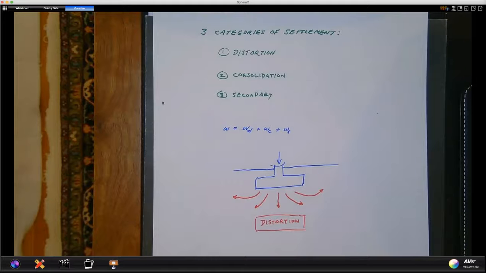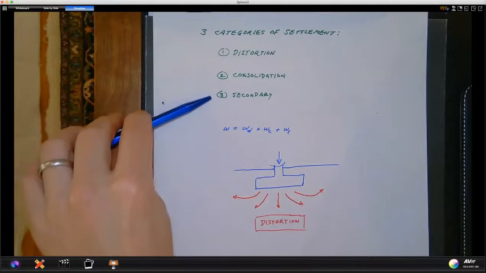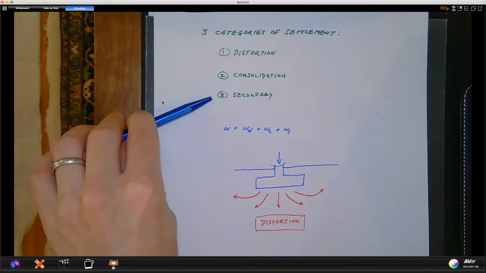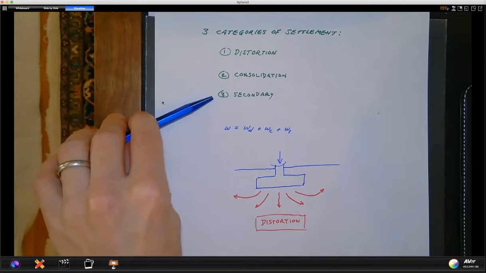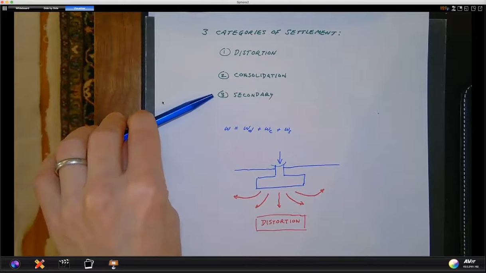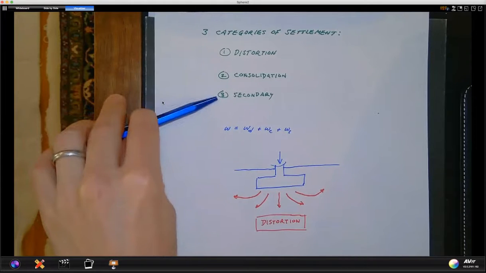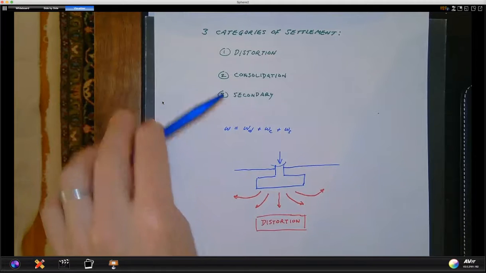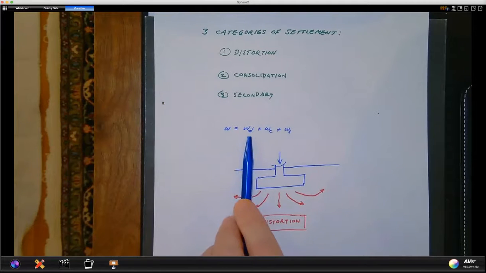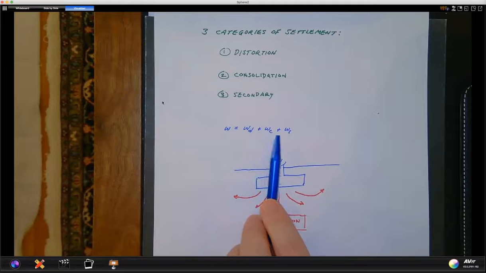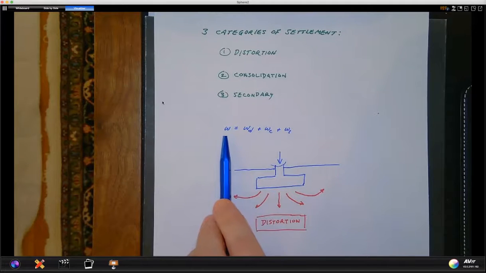But magnitude of consolidation should indeed be review kind of stuff. And secondary compression. So this would be a type of settlement associated with the mechanism called creep. And these three mechanisms, distortion, consolidation, and secondary compression, will sum to be a total settlement.